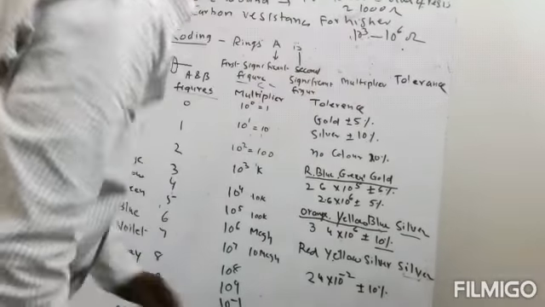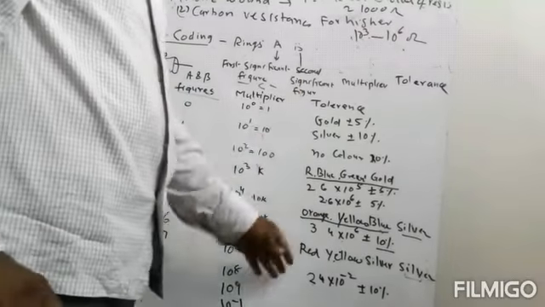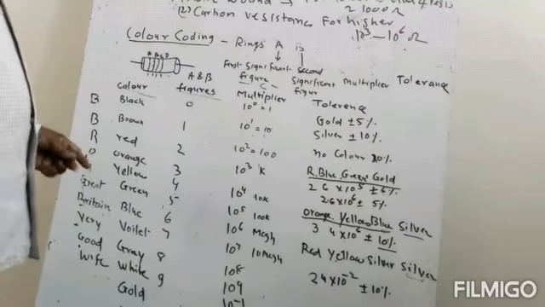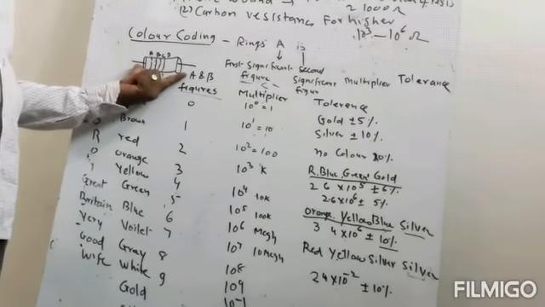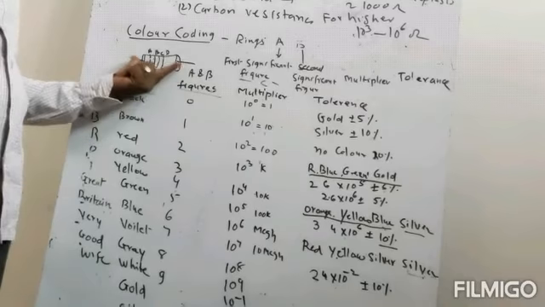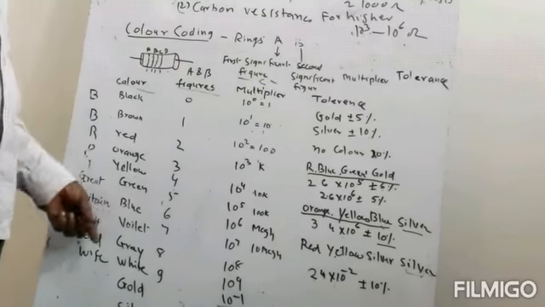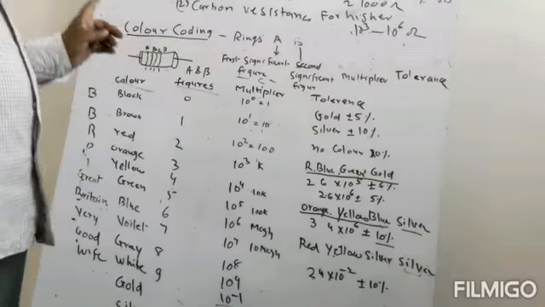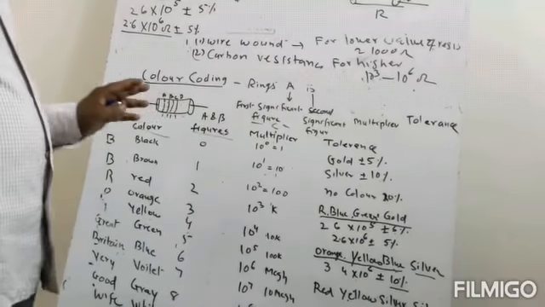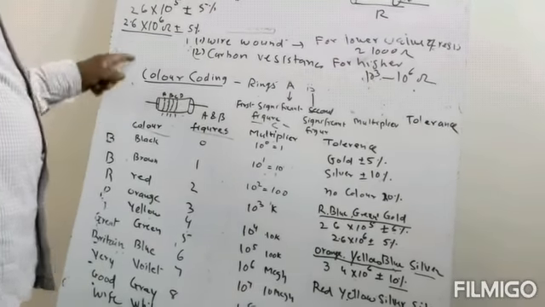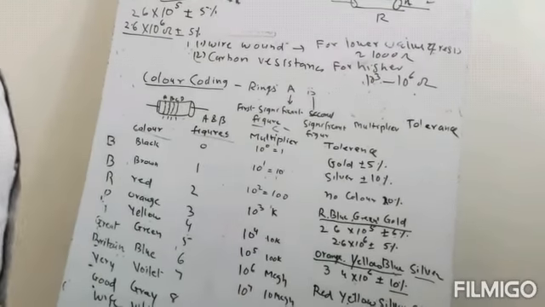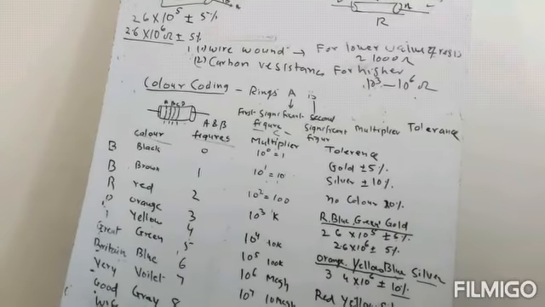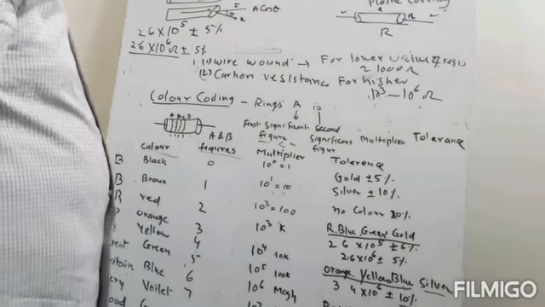So in this way we can find the value of the resistance by this color code. So color coding is very important. In every examination you will get 1 mark for color coding definitely. So this is how we can have the color coding for the carbon resistances.